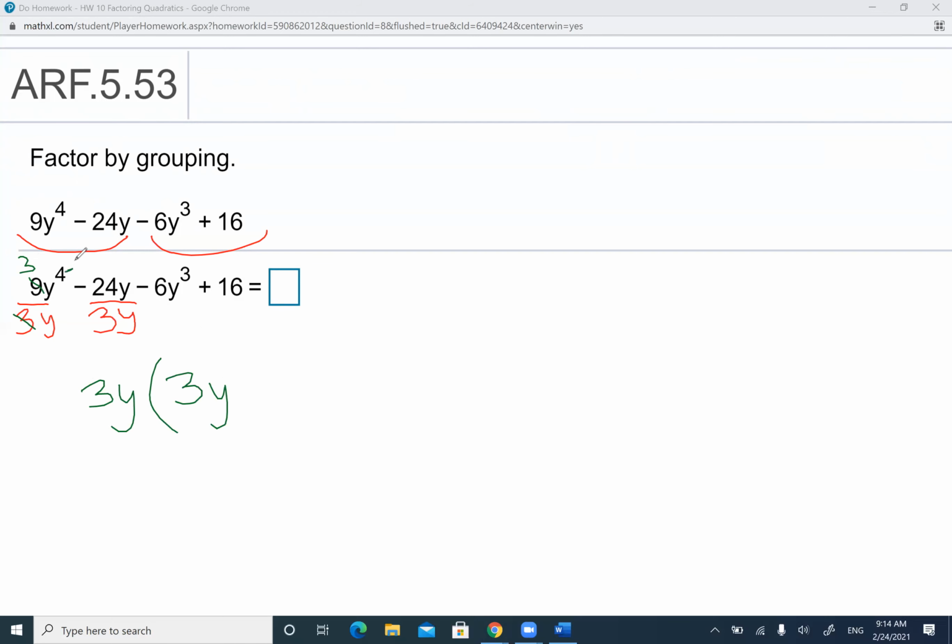Now the second group, because the signs here are plus and minus, I'm going to factor negative. And then looking at the numbers, I'm going to factor negative what? What is the common factor for 6 and 16?